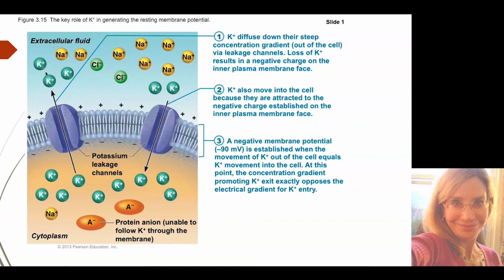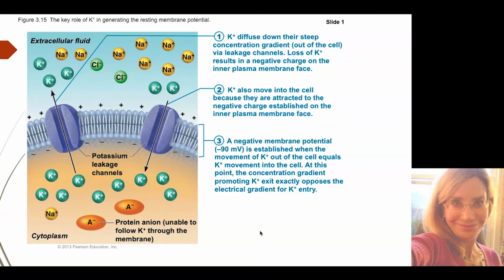Just keep in mind here that the movement of the potassium going out is going to allow this surface to be very negative because it's leaving, and all these sodium ions out here, plus those potassium that have leaked out, it's going to establish the outer surface of the membrane to be very positive.